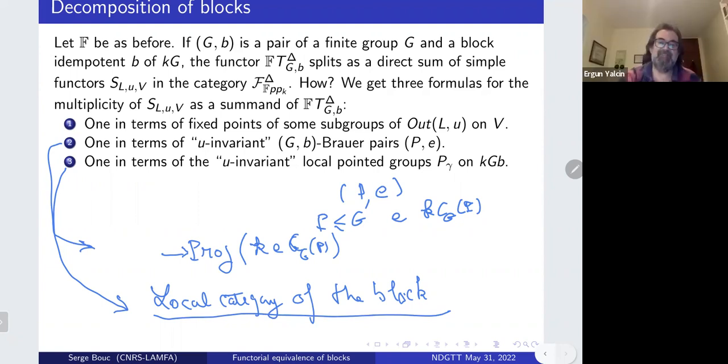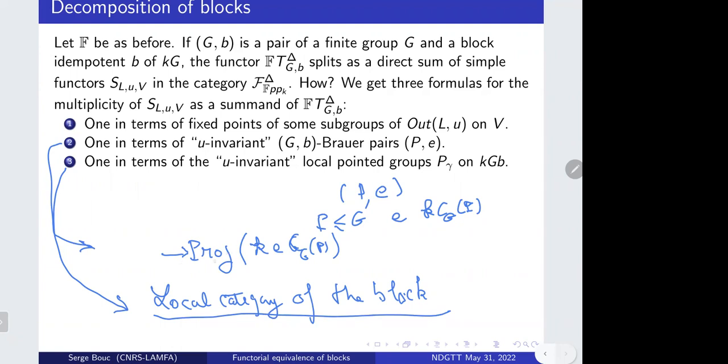Precisely because in this local category you have in addition, somehow hidden, information on the projective modules for this block algebra of the centralizer, which you don't get if you just have the fusion system. That's the main reason. Thanks.